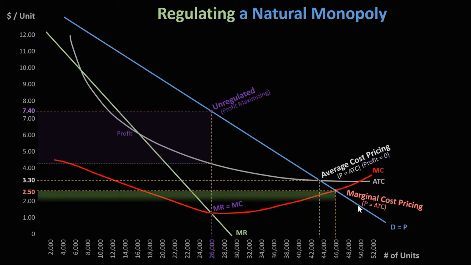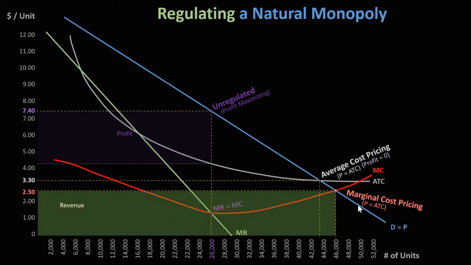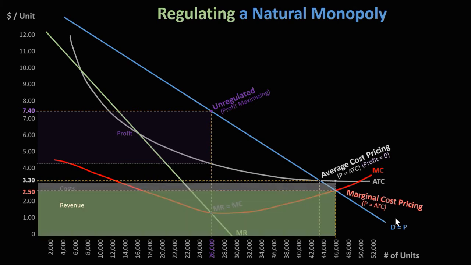The challenge though is that our revenue now is less than our costs, because if we go up to the average total cost curve, we see that the costs are greater than the revenue, which means that we are earning an economic loss. There are some cases when we'd use marginal cost pricing, and other places where we'd use average cost pricing. Let us take a closer look at each situation.